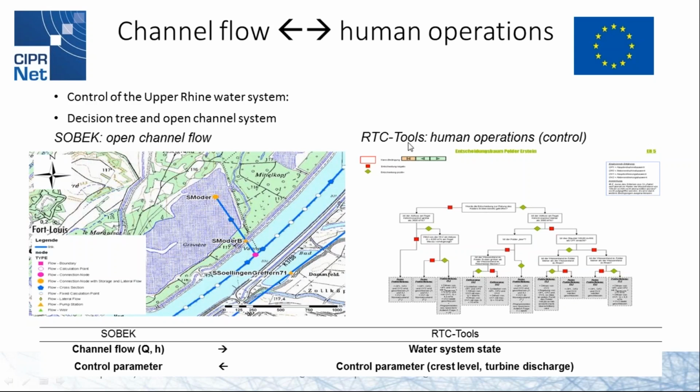And then we have RTC tools, which is a generic model for real-time control for the human operations. In fact, there are decision trees behind, and SOBEK produces channel flow parameters, discharges and water levels, and RTC tools uses this water system state in order to derive the control parameters according to the operational protocols that are modeled with decision trees.